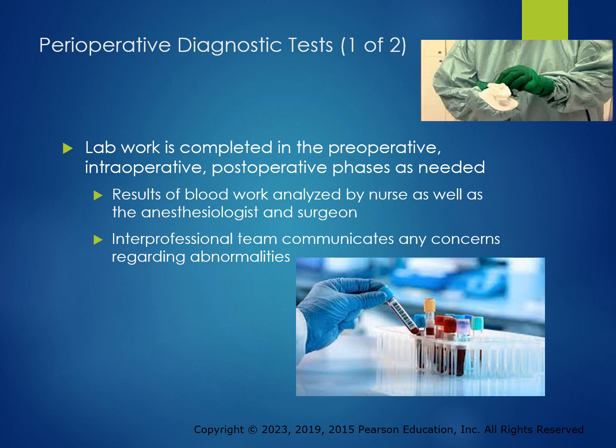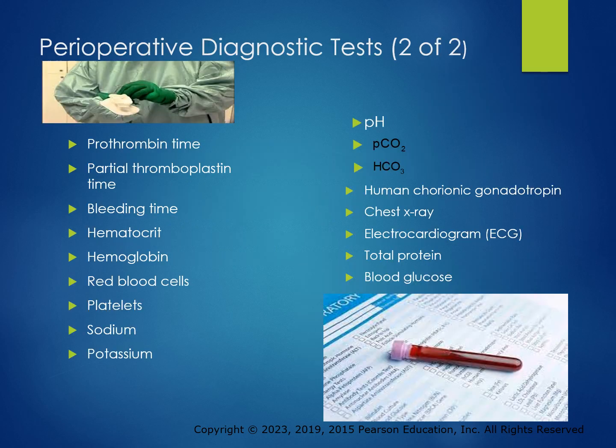Your CO2 and your HCO3, which is your bicarb, these are all related to respiratory. So, we want to make sure that the patient is breathing and that they are having appropriate oxygenation through perfusion. Perfusion and oxygenation always go hand in hand.